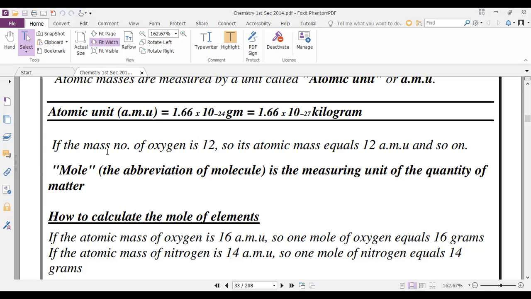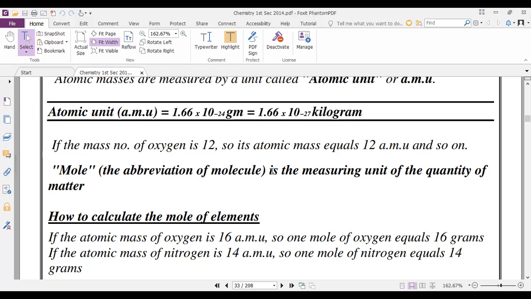Okay, if the mass number of oxygen is 12, so its atomic mass equals what? 12 AMU. So we can measure the atomic mass of oxygen by AMU, and so on. Do you understand? Yes.